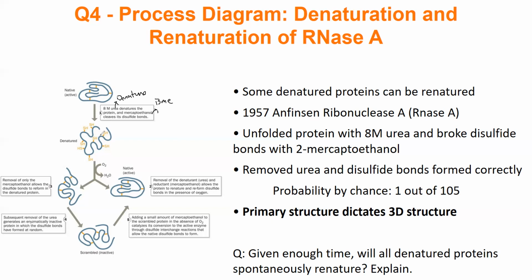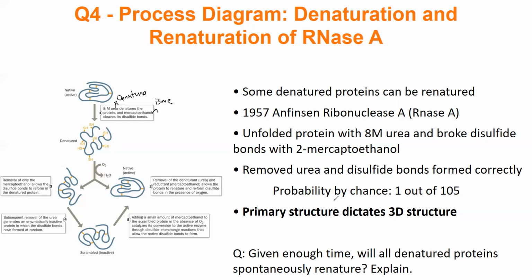Then what he did is he removed the urea and he removed the beta-mercaptoethanol. And what happened was that the protein refolded. And he saw that all of the disulfide bonds were back to what they were in the native structure.